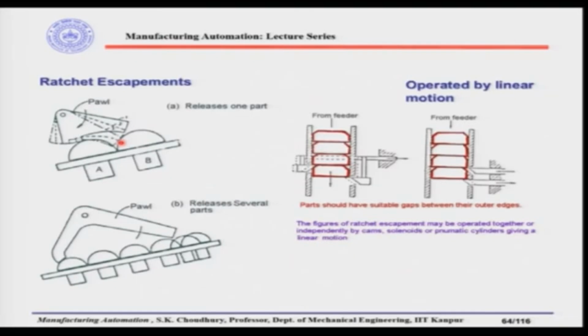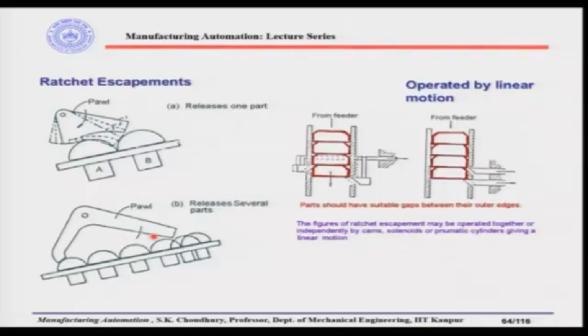Now, however, we can have an arrangement with the same kind of pawl, but the pawl design could be different. Here is the pivot. So, around this point, the pawl can reciprocate to and fro, and here the pawl distance from one leg to another leg is such that at a time 3 or 4 parts can be transmitted to the workhead.